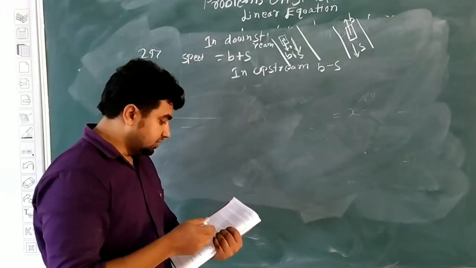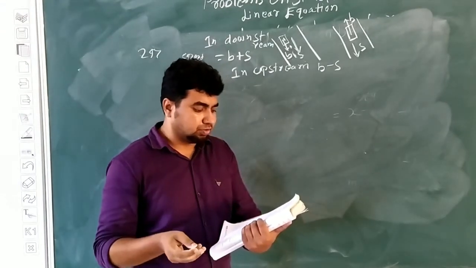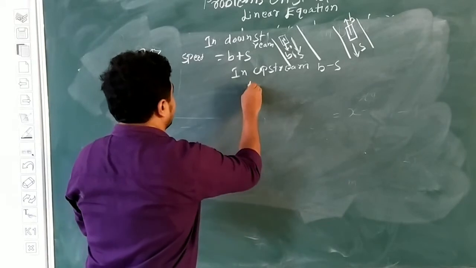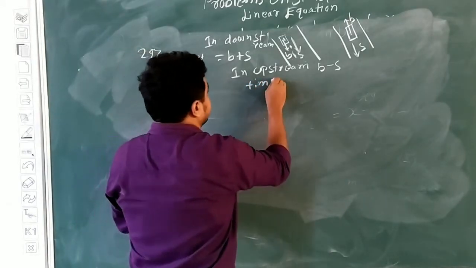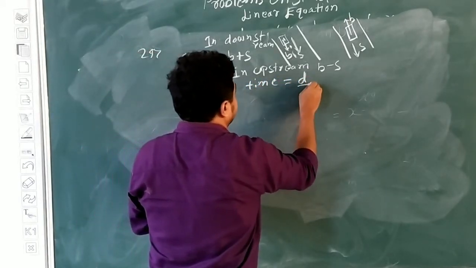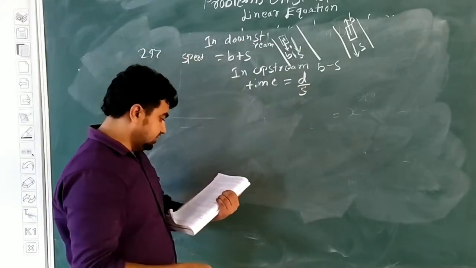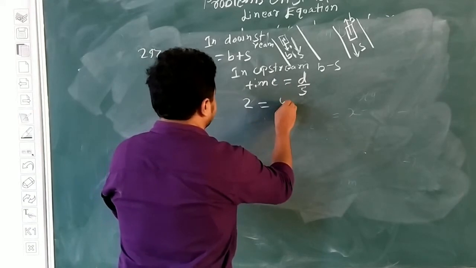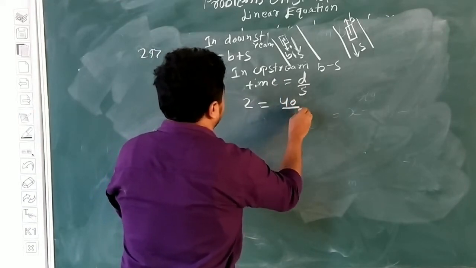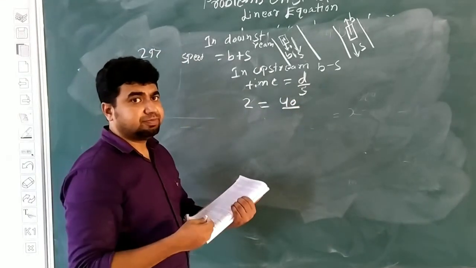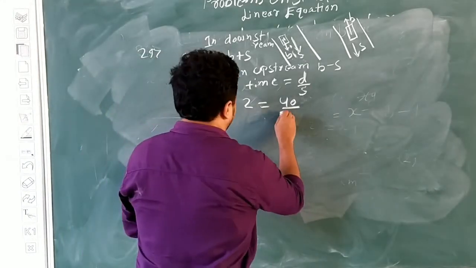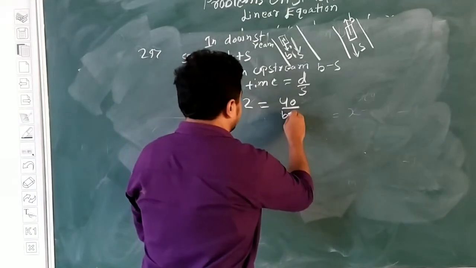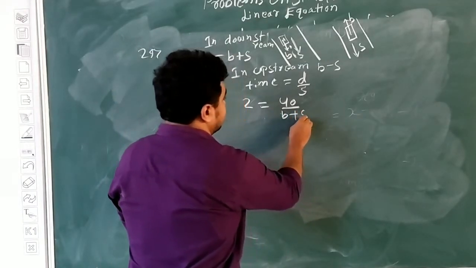So in the question it is given a boat takes 2 hours to go 40 km down. So time we know is equal to distance by speed. Time given to us is 2 and distance is 40. Is it clear?